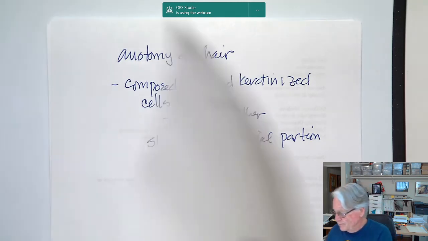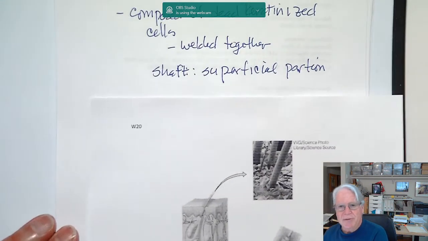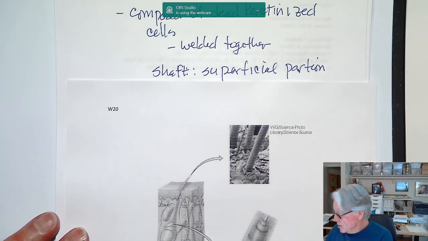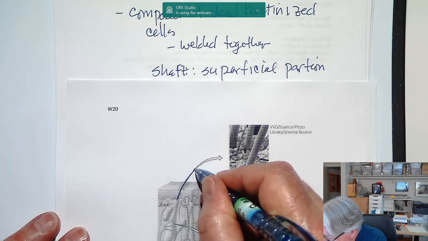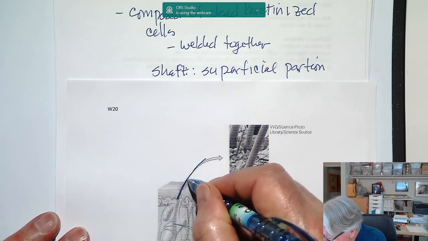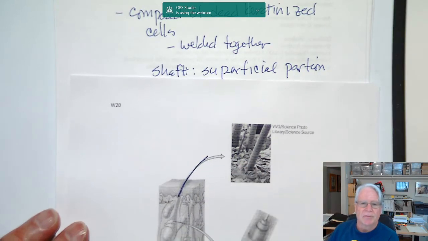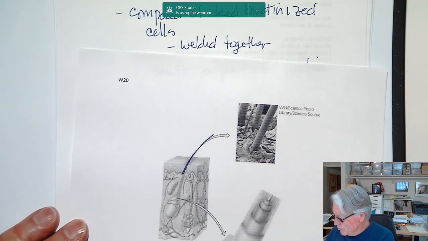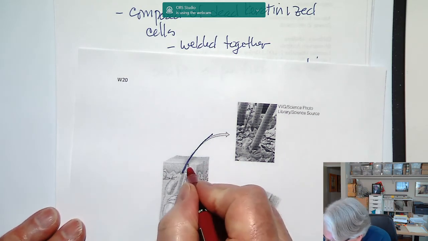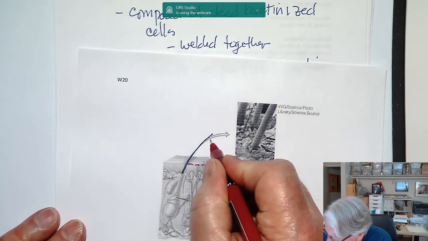Okay. So if you get your drawing out, and let's just, I'm going to kind of reinforce this. So, okay, a little darker line there. And what we're talking about in terms of the shaft then, we draw a line here and here.